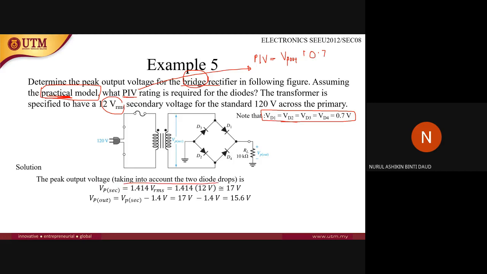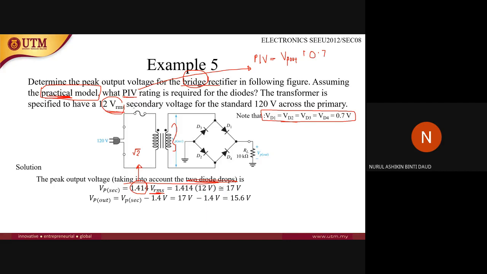Okay, so the peak of the secondary voltage value is, 1.414 is actually from the square root of 2. Okay, square root 2 times VRMS. So VRMS is given to you, right? VRMS for the secondary voltage from here is 12.